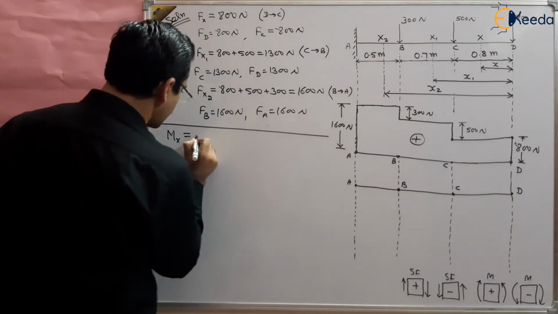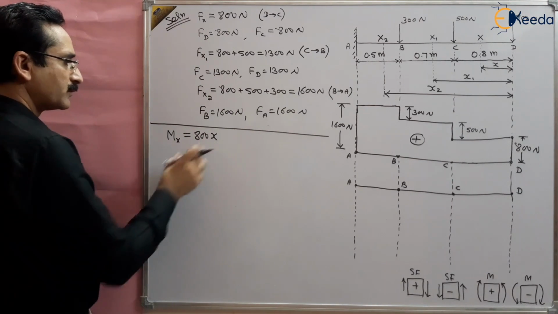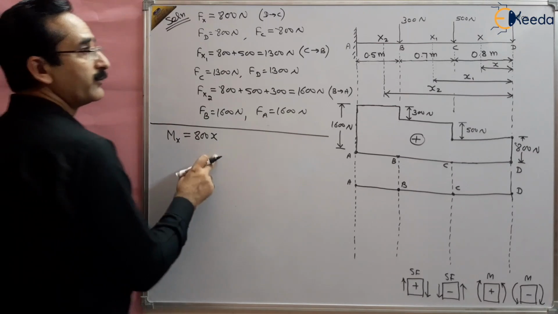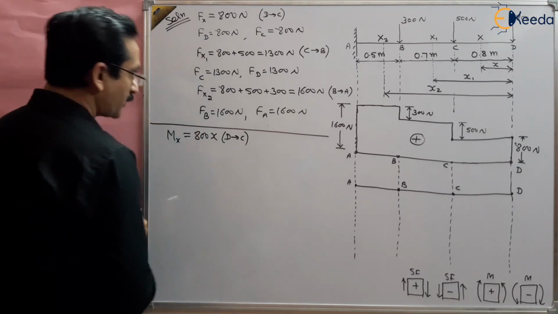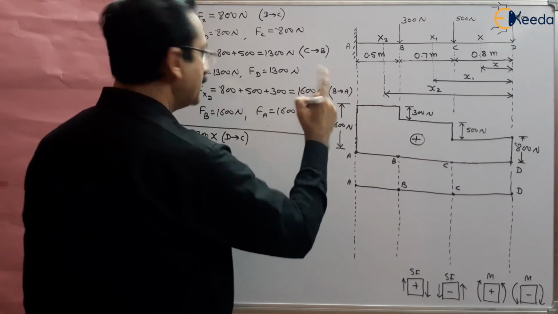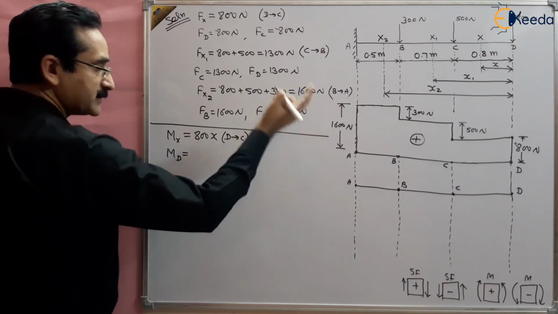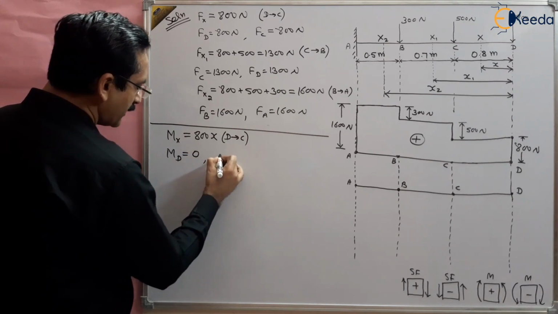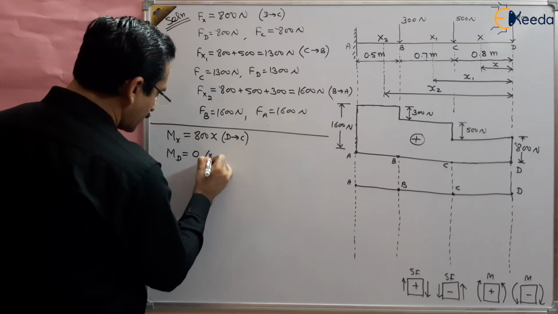So we got 800x Newton meter of the moment, and this will be valid between D to C. What will be the moment at D? At the end point, this will be 0 because x is 0 there.